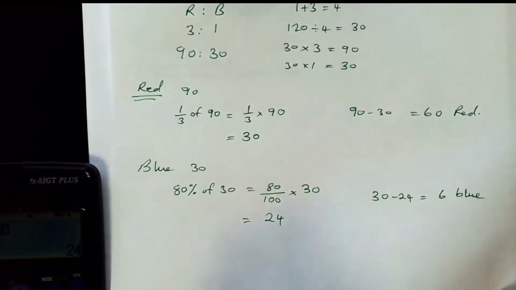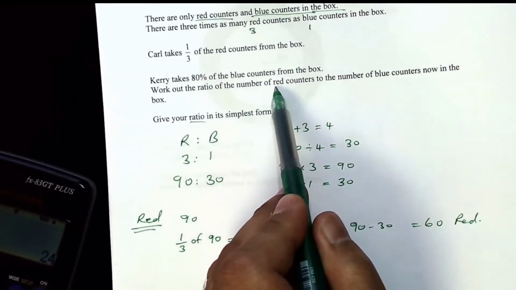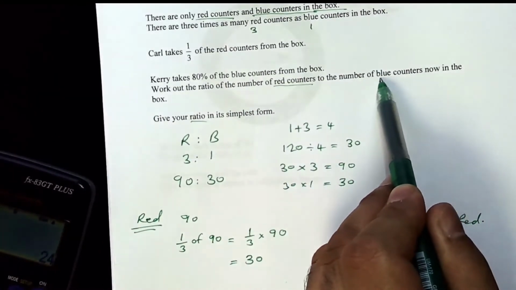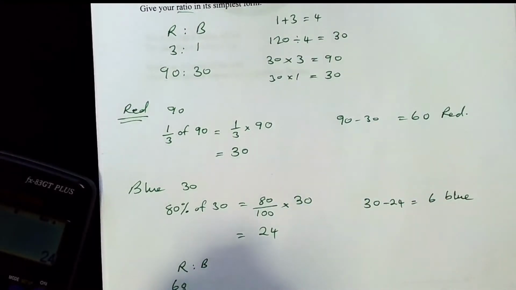So now the ratio for the red counters to the blue counters. Work out the ratio of the number of red counters to the number of blue counters. So red to blue, so there's 60 red and there's 6 blue, and that's my ratio.